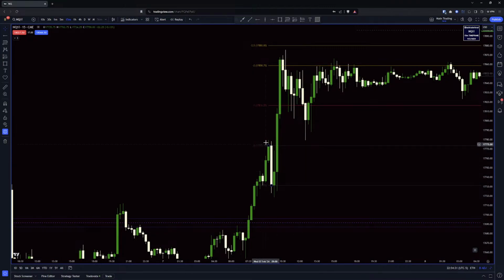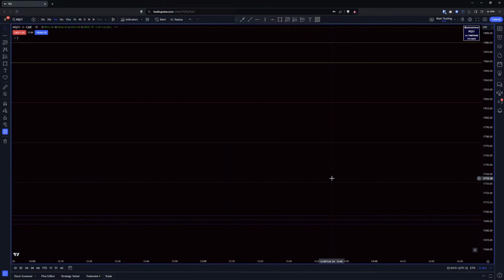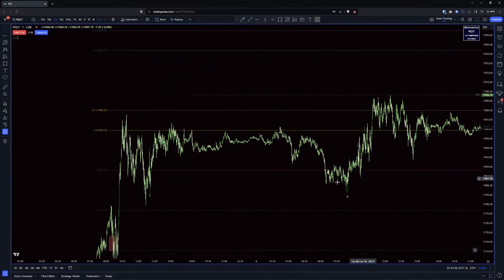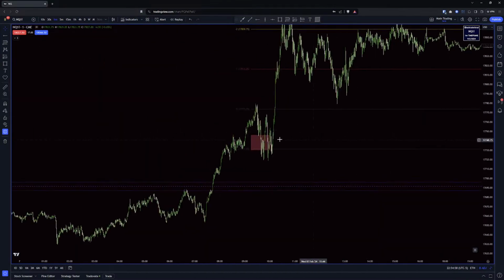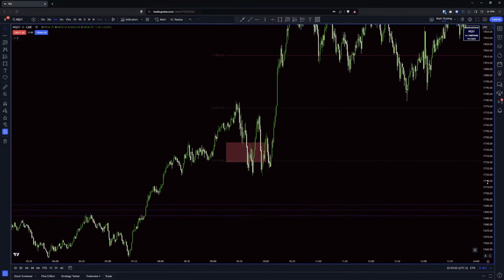Like I said, if you drop down on the 1 minute, I'm sure there's some kind of entry in this area here. And you know what? Let's just go ahead. Let's highlight this area. And let's see if we can find some sort of move, because that's a good measure right there to the -2. And that would be a really solid win. So let's see if there's something that you could find in this little bit of muck here, right?